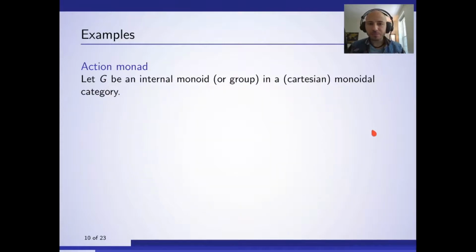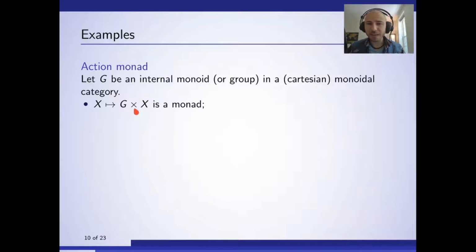Here's another one. So you probably know that if you have an internal monoid or an internal group in any monoidal category or Cartesian monoidal category, if you don't know what these are, just imagine sets and the group or monoid object, like a group or a monoid, then multiplying or tensoring with G gives a monad.